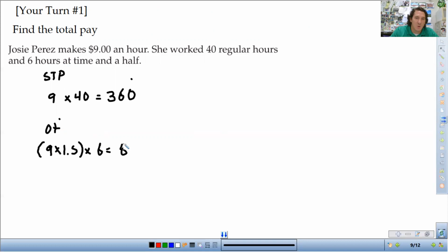And then his total pay is 360 plus 81, 441. So he earned a total of $441.